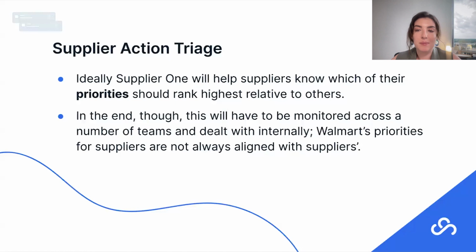This is helping suppliers understand that within their teams, but also helping suppliers understand Walmart's priorities, which may not always be aligned, not because they're necessarily opposed, but just from those different viewpoints. So this is, I think, exciting, and something that suppliers should, if you've used it, let us know. We'd like to hear how your team is using it as well.